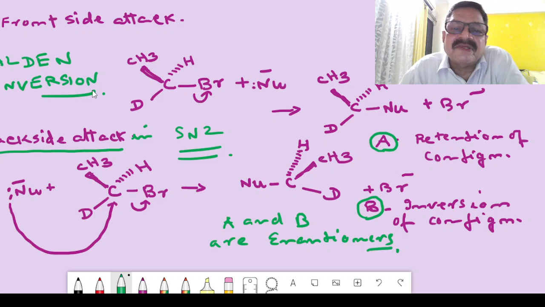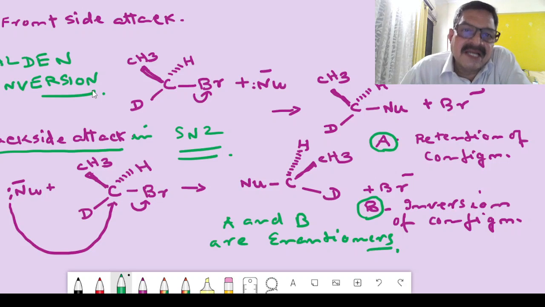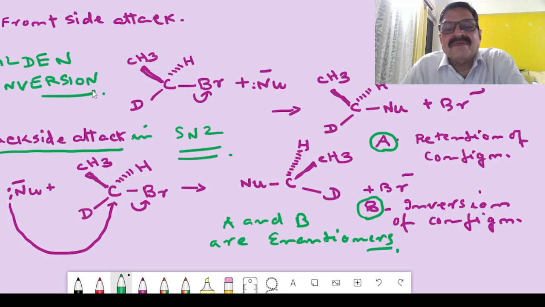So in all SN2 reactions, the reaction will proceed with a backside attack. The nucleophile will attack from the backside here, and there will be inversion of configuration. That is the nature of the SN2 mechanism. Most important point, the stereochemistry here.